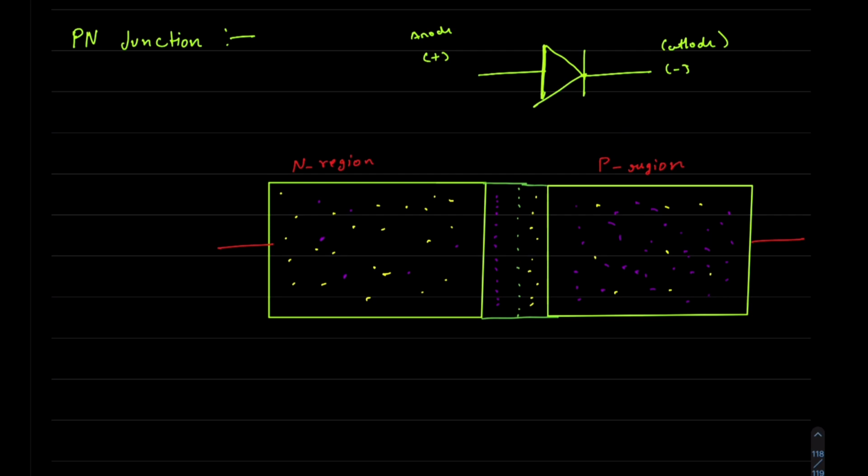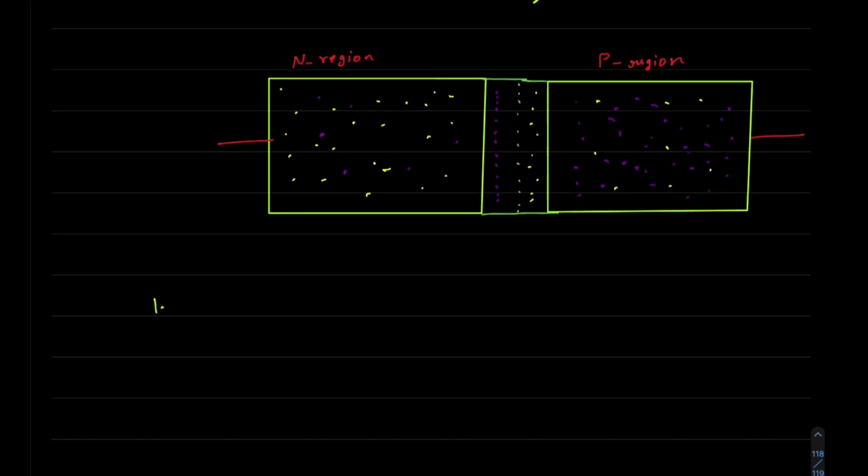Now, the application of external voltage across the diode is called biasing. So if we apply external voltage across the diode, this whole process is known as biasing. Now we'll talk about what kinds of biasing there are. There are three kinds of biasing conditions. The first type is no bias or zero bias.